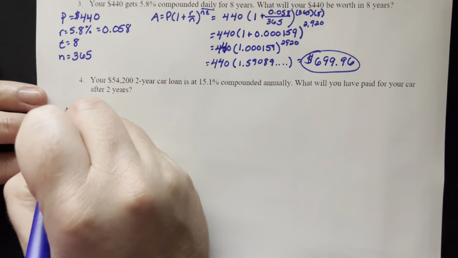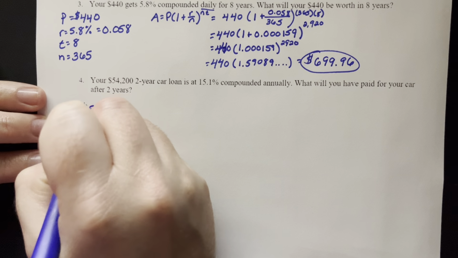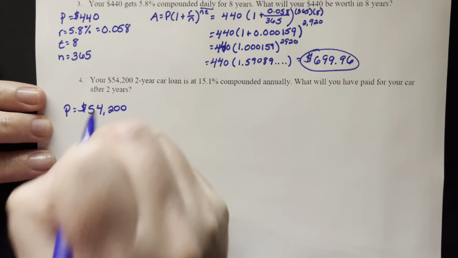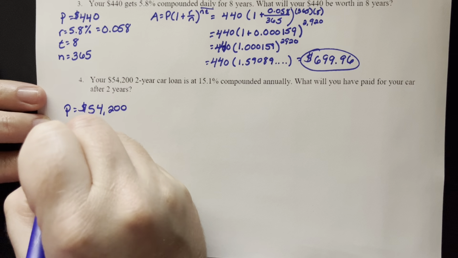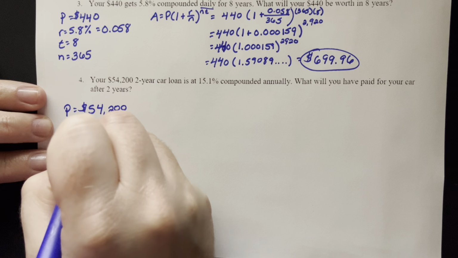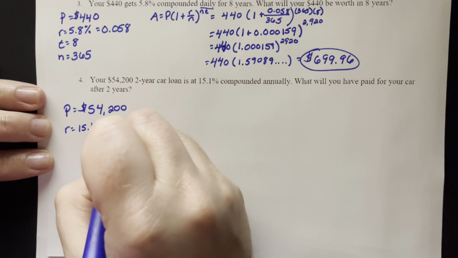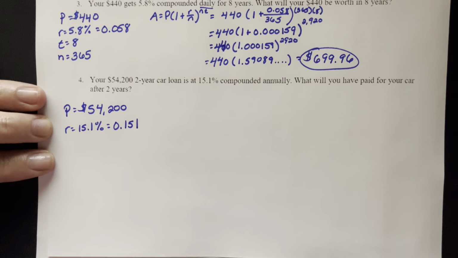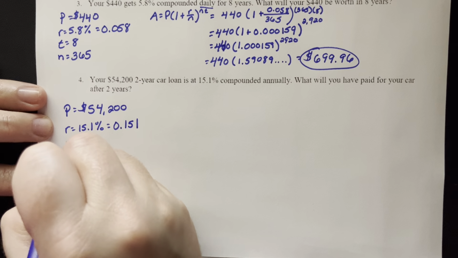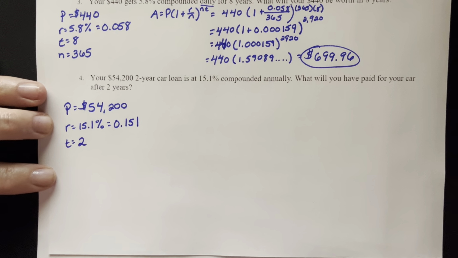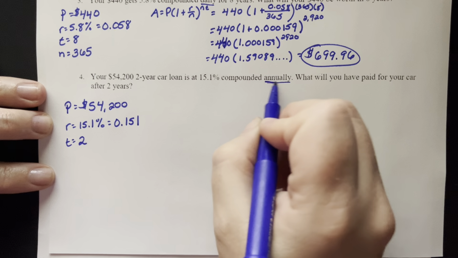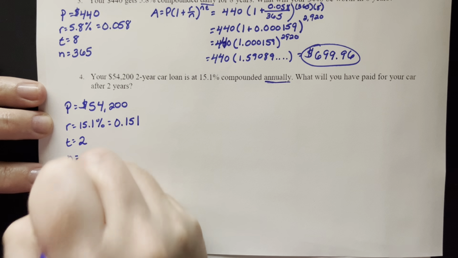So let's label it. So the principal was $54,200. The rate was 15.1%, so rewrite it as a decimal. So 0.151. Time was 2 years. And compounded annually means our n is 1.